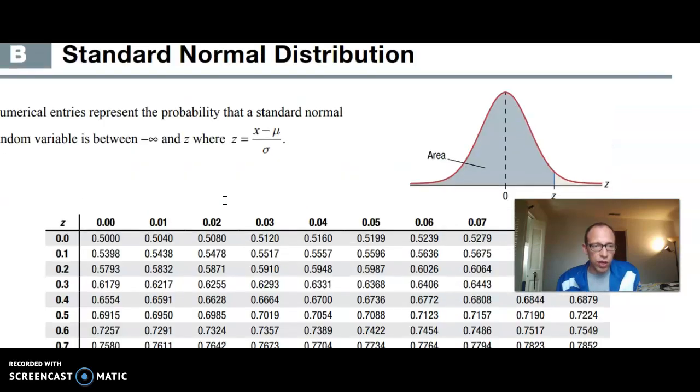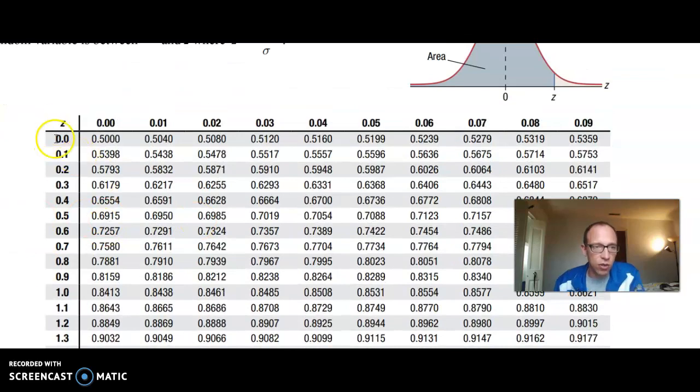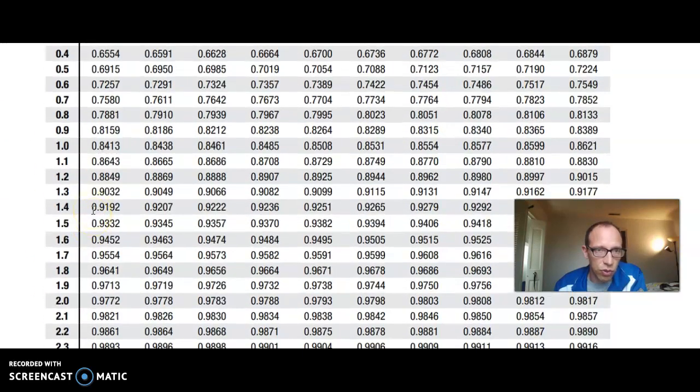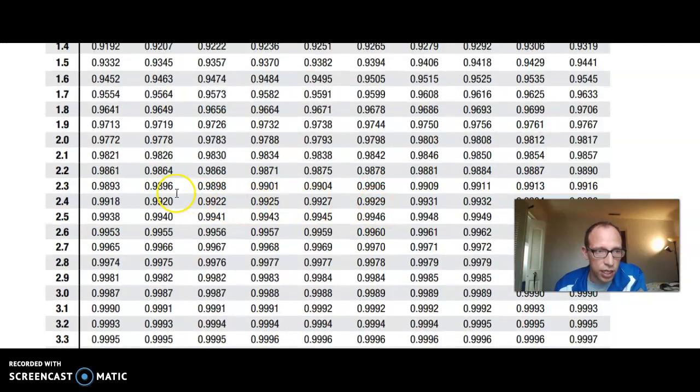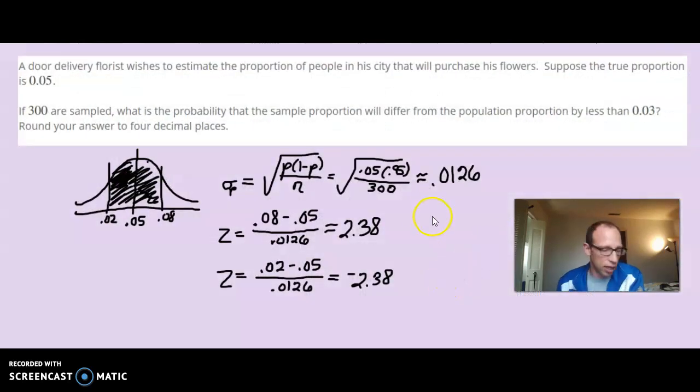Okay, so 2.38, notice that the z-scores are on the edge. The 2.3 is right there, and then the 8 would send us right here. That gives 0.9913. What that's saying is 99.13% of the distribution is below this score of 0.08.